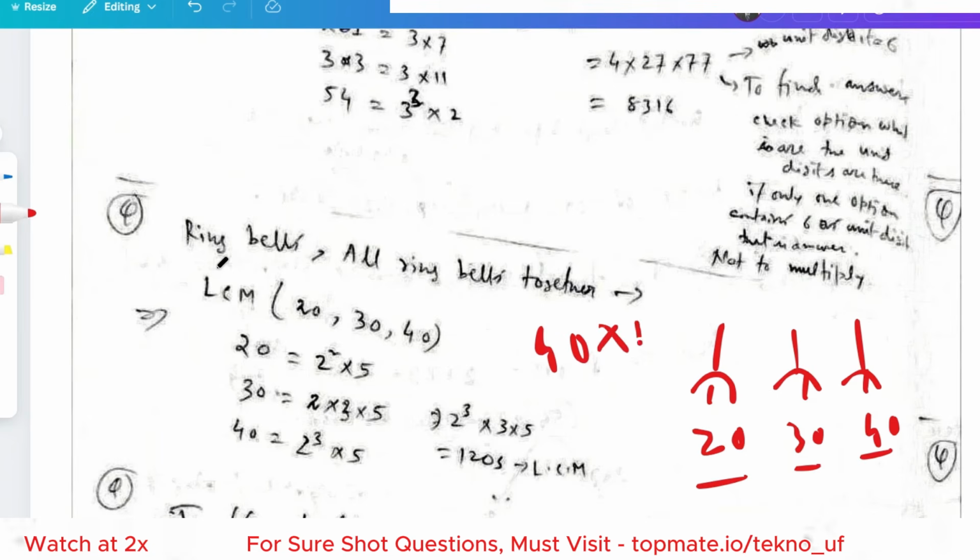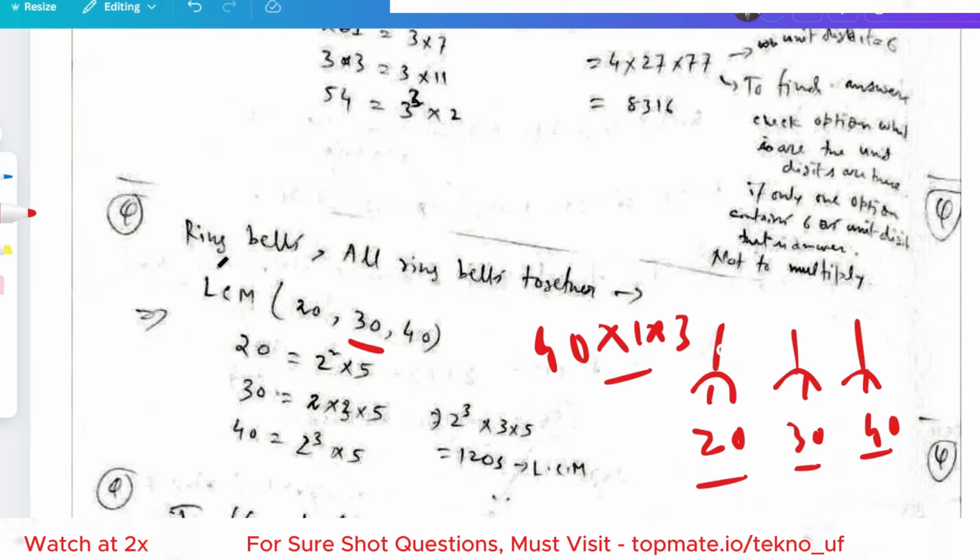Yes, so multiply by 1. Is it divisible by 30? No, so multiply by 2. That becomes 80, and that is not divisible by 30. Multiply by 3, 40 into 3 becomes 120, and that is divisible by 30. So 120 will be the LCM.